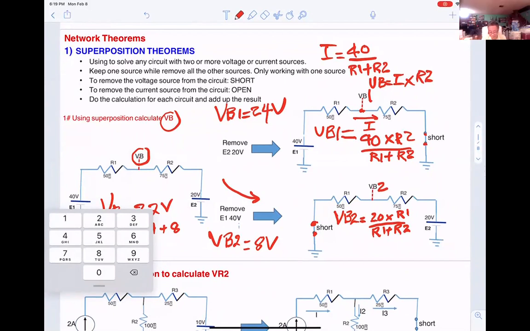Yes, that's right. They are in opposite.